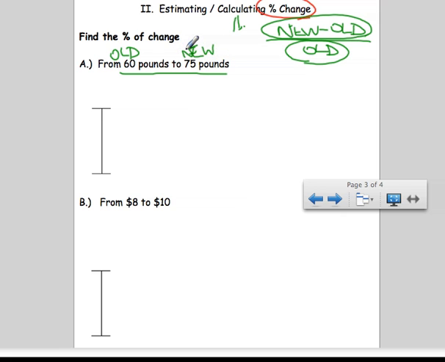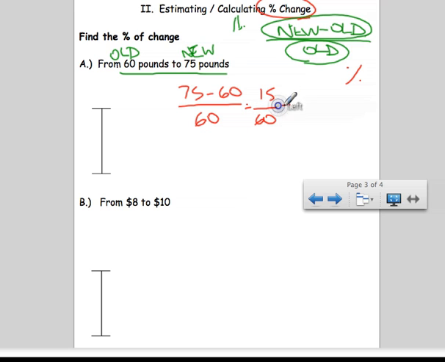And so to find the percent change, I'll plug those things in. That's really 75 minus 60 over the old value, which was 60. And my goal is to turn this fraction into a percent. So 75 minus 60 is 15 over 60. I can simplify it.